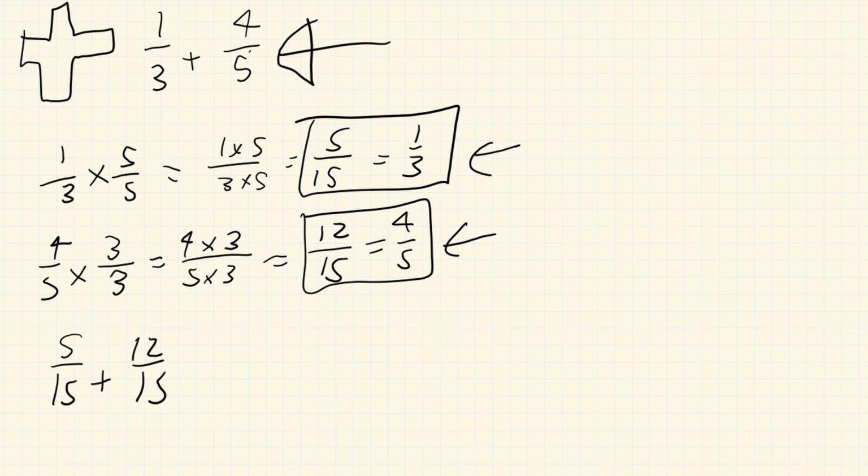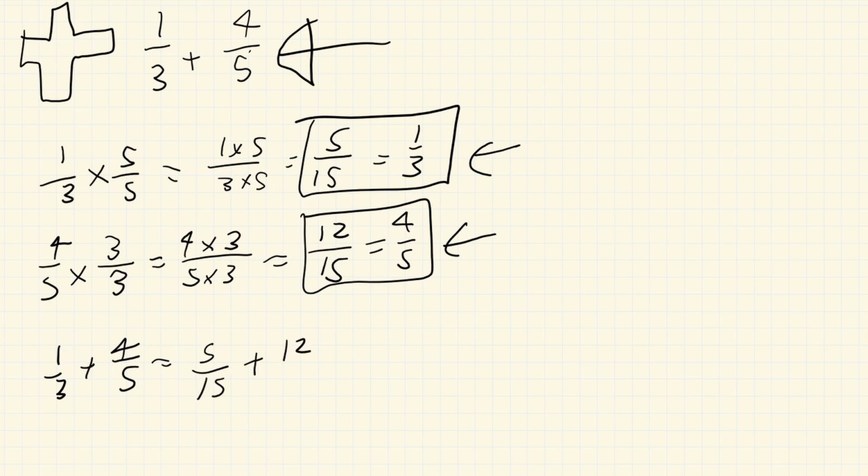So what we've got here, well, I'll write it out fully, is that 1/3 add 4 divided by 5 is the same as 5 divided by 15 add 12 divided by 15, and we just add the top numbers. 12 add 5 is 17 divided by 15.